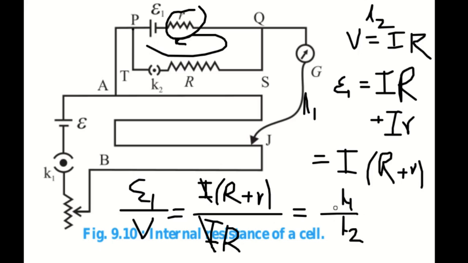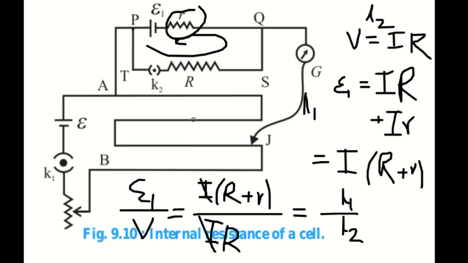K and K will get cancelled, so directly we have L1 divided by L2. Now if we solve this equation, (R plus small r) divided by capital R is equal to L1 divided by L2, and we can find out the internal resistance.